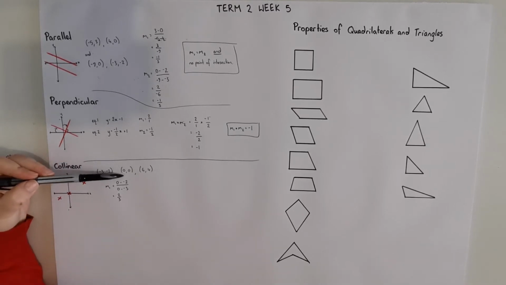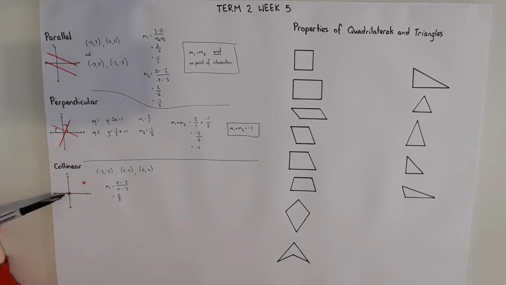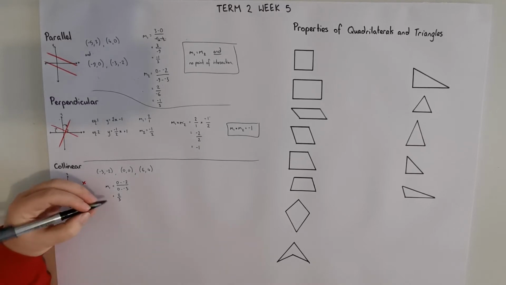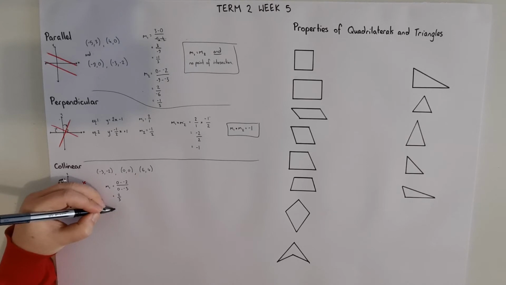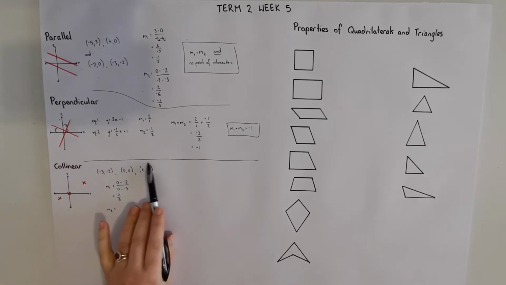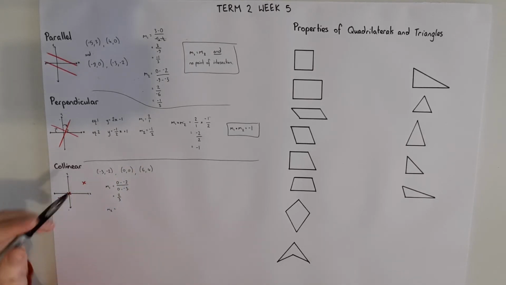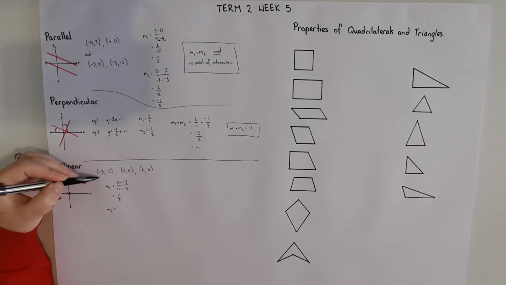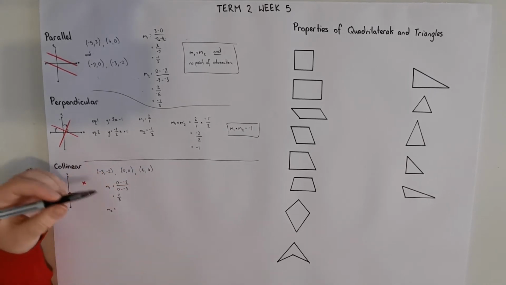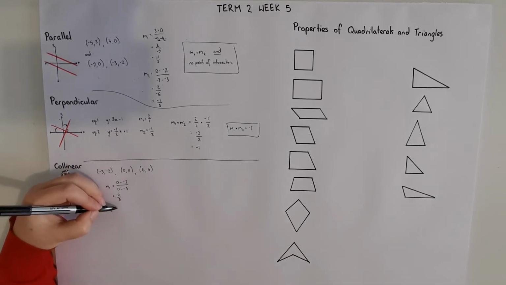Now because I said I'm using 0, 0, the origin, as my common point, that's why I wrote it first in my gradient calculation. I'm going to use that again in my second calculation. You could have picked a different 2 here. -3, -2, and 6, 4 together. How about you try that?